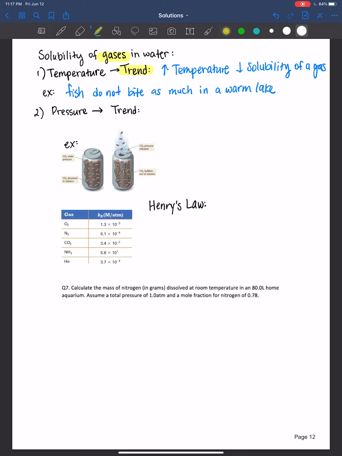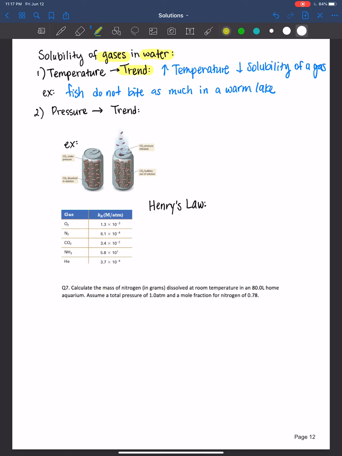I just want to make that clear. As you increase the temperature, the gas starts to bubble out, and there's less of that gas in the water. So, coming back to my fish, if there's less oxygen gas in the water, then the fish get sleepy. They get lethargic. And so they're less likely to bite if the water is warm.